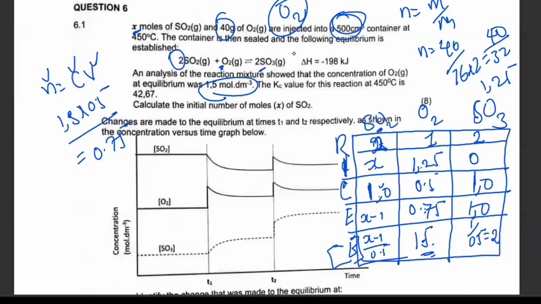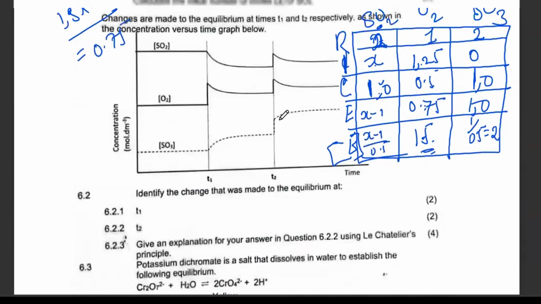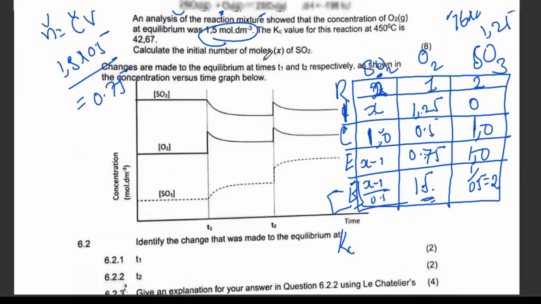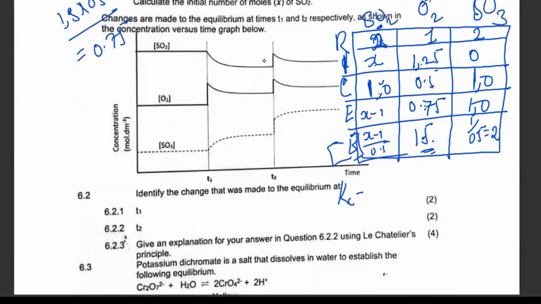Since I know that now, I'll come to my expression and say Kc is equal to, but you have to first write the expression so that you're able to get those marks. Sulfur trioxide, we say that is 2 of them, so I put a 2, divided by oxygen into sulfur dioxide, they're also 2 moles.